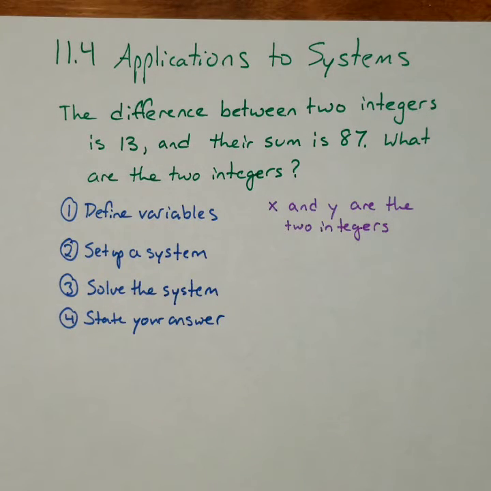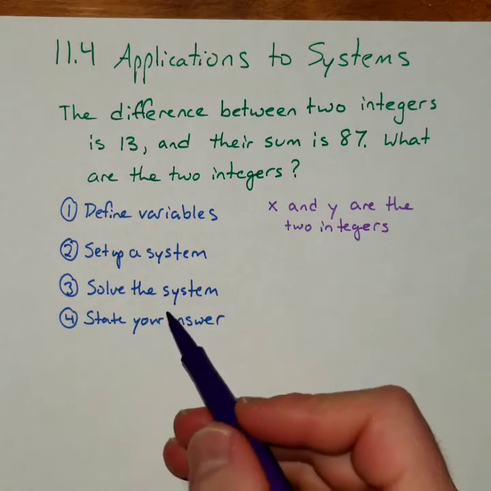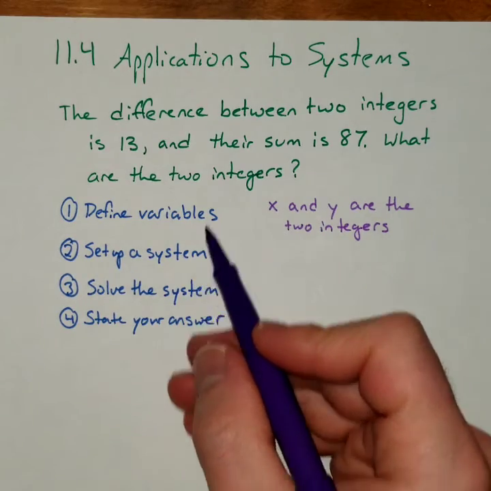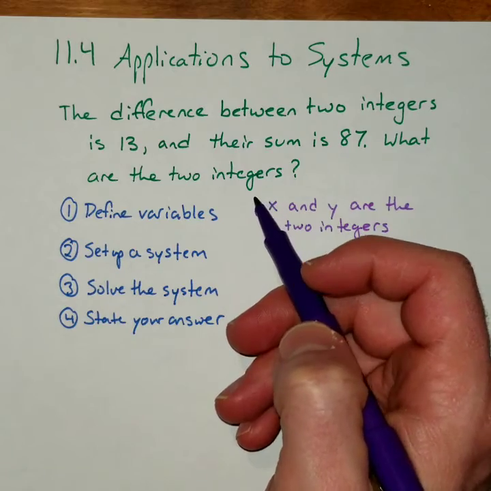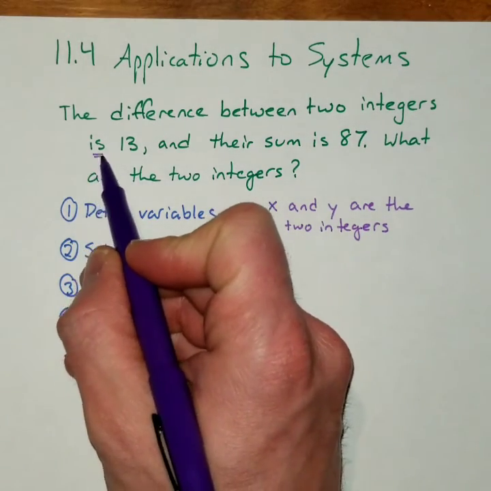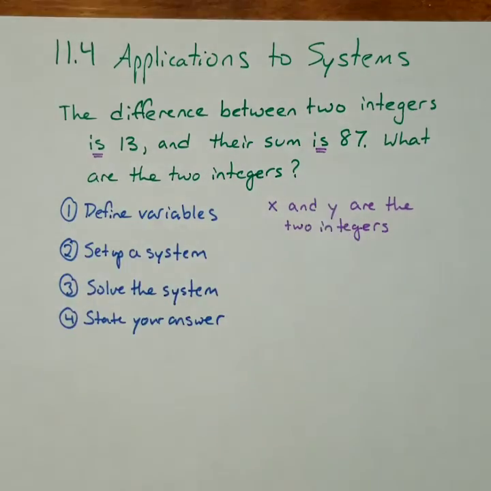Okay. Once you've defined them, then you set up your system. Alright, so our system is two equations. Now, this first sentence actually has two equations embedded in it. Notice the word is and this word is. Now, it appears that I underlined them twice, but you could also think of those as equal signs because that's what they are. The word is represents an equal sign.